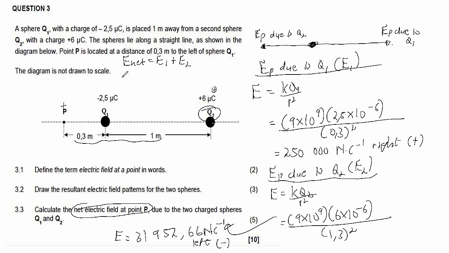Our E1 is positive 250,000, but our E2 is now negative because it's going to the left, 31,952.66. And then punching that into your calculator, you get 218,047.34 Newton per Coulomb. To which direction? Because it's positive, that means it's going to the right.